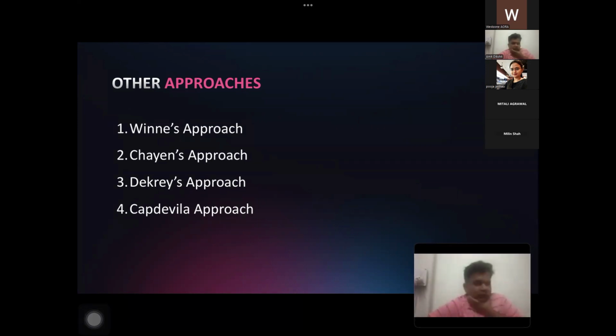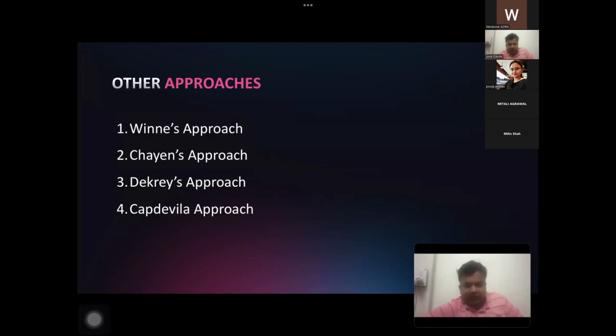So I think it's Winnie's approach. You have to read it. The difference between Winnie's approach and Capdevila's approach is that Winnie placed his needle a little more laterally, like what you did today, and from there you move with a little medial tilt so as to reach the plexus.